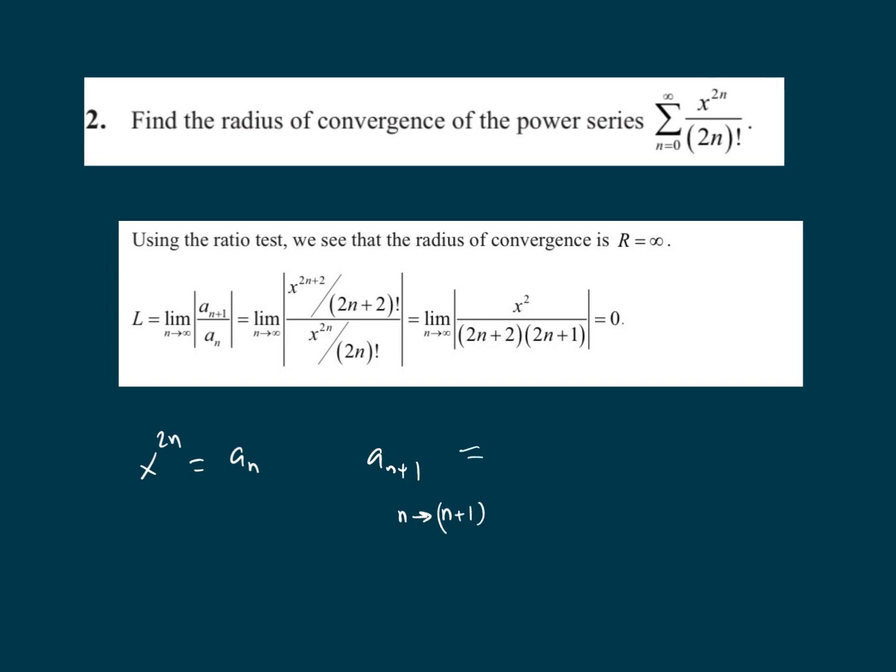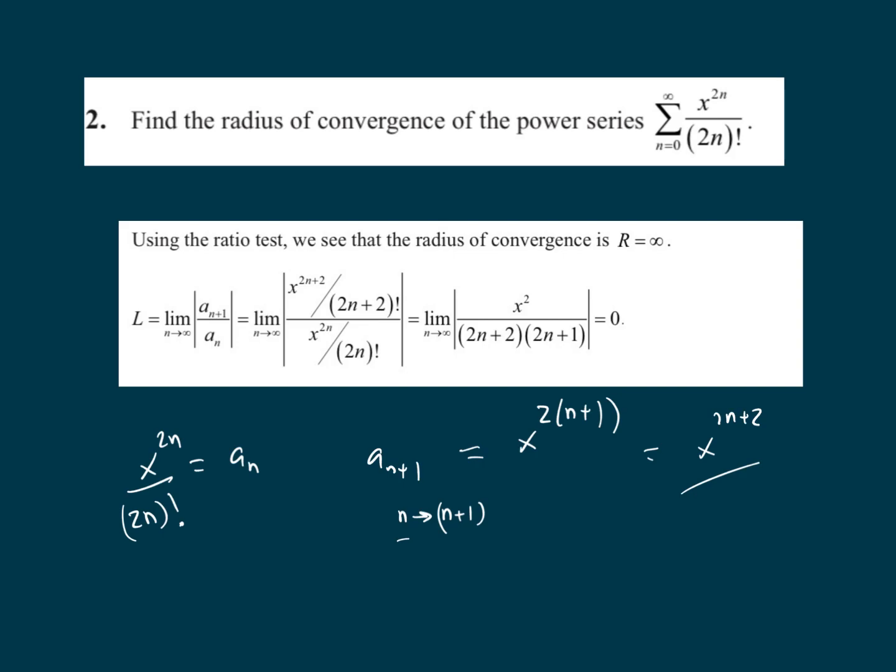So a sub n plus 1 has x to the 2n plus 2. But a sub n is x to the 2n divided by 2n factorial, so we need to do the same thing in the denominator.